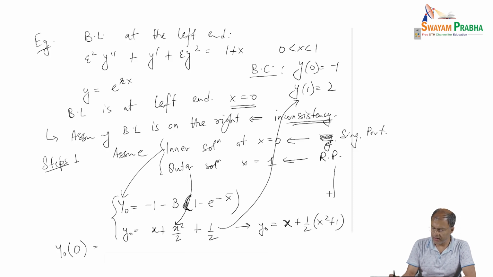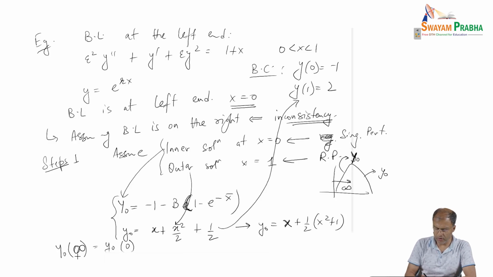So again the inner solution has to be taken to positive infinity, because that is where the boundary layer is. So y naught at infinity has to be equal to y naught at 0. So this is where the y naught solution is applicable, and capital Y naught is applicable near the boundary layer.